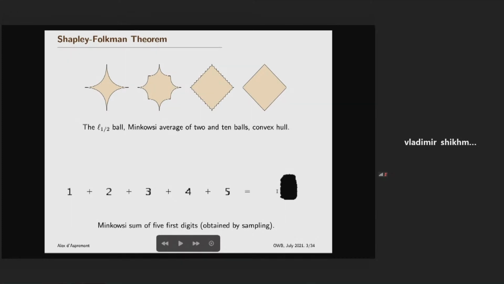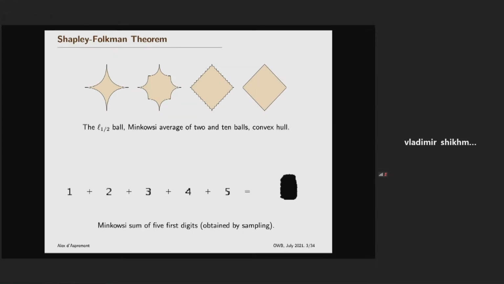I'm saying roughly speaking because this was obtained by sampling. It's very computationally heavy to compute. Arithmetically, of course, it looks like 0. It's not that close to the truth, but geometrically, it's very interesting. You take the Minkowski sum of sets that are far from being convex, and what you get, even with only 5 sets, is very close to being convex.